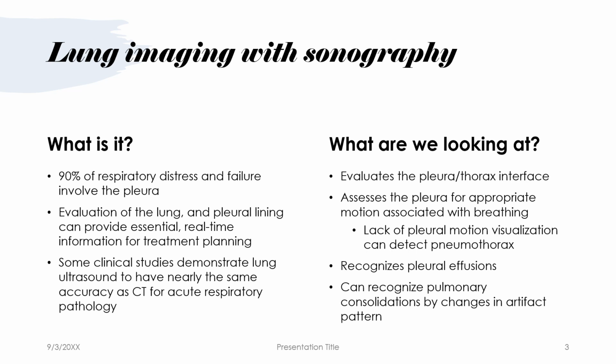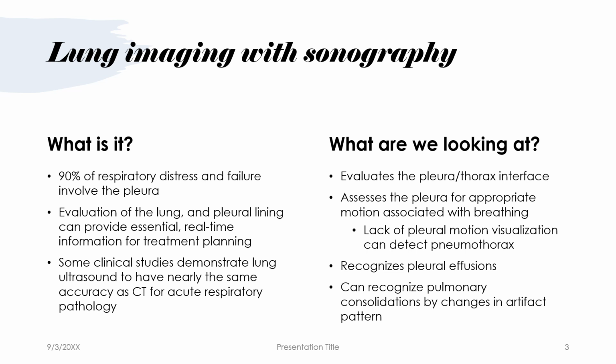We can also then, like I said, use those artifactual evaluations to evaluate the lung, and a lung that is full of air is going to have what we call A-line artifacts, which will help us determine that it is full of air.